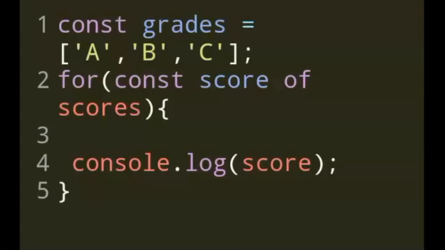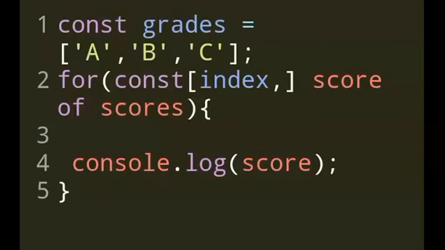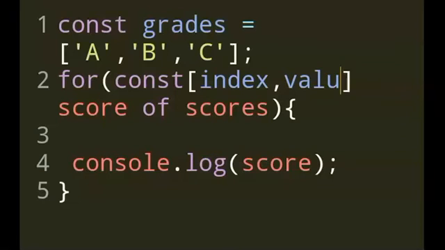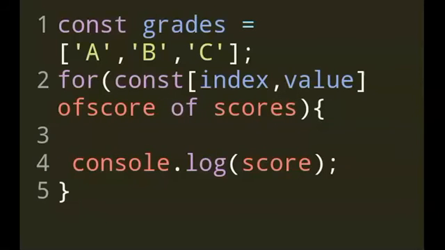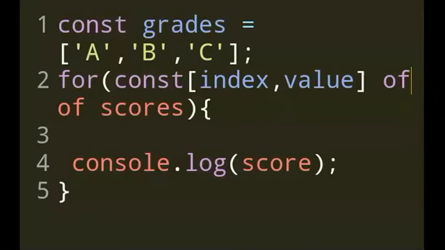But I want to access the index also. How do I do that? So for const, I write index as one of the arguments, and I want to access not only the index but the value as well. Then of what?